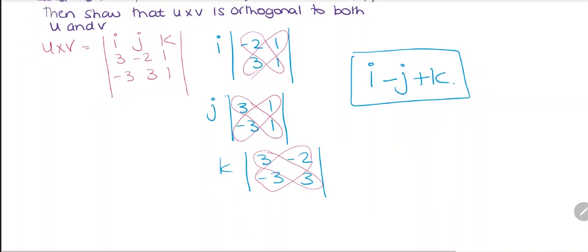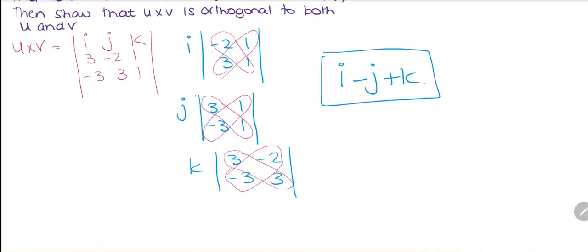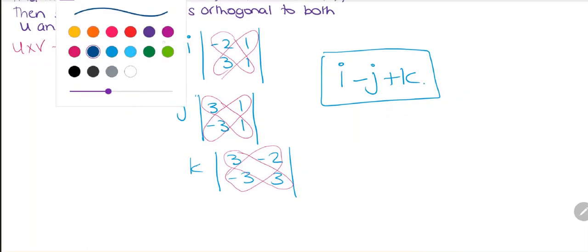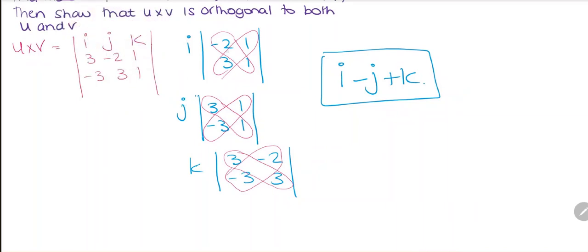And we're going to write these. So first of all, we're going to multiply by i. So we've got minus 2 times 1, so that's minus 2. And it's minus 3 times 1, which is 3. And this is multiplied by i.